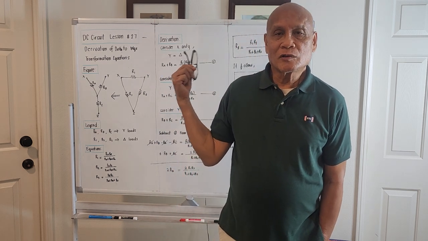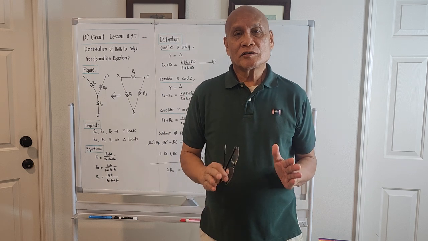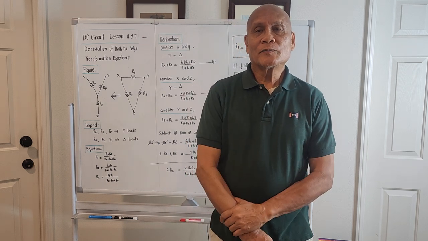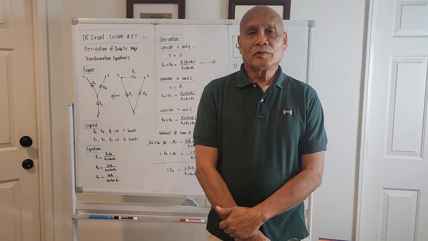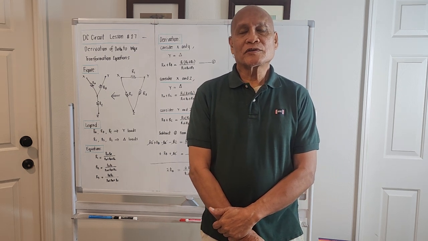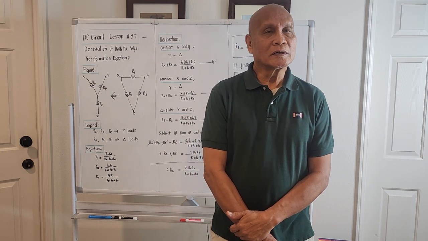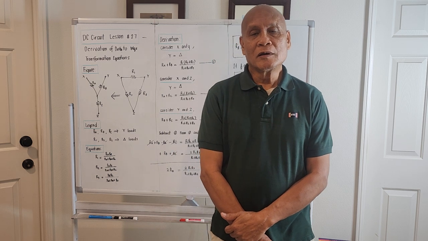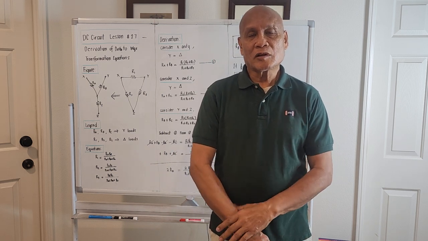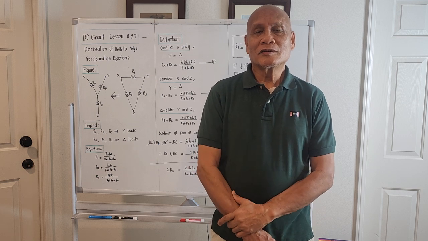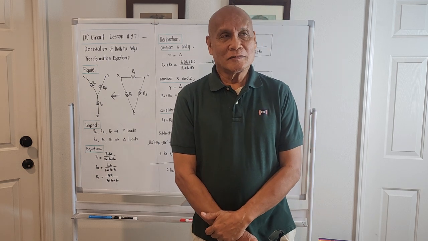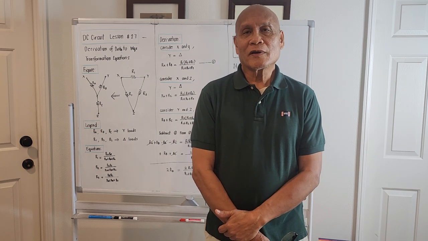Because lesson number 27 is where I found the error on the title. For tonight, I will be presenting the derivation of the formula for a delta to y transformation. That's why I noticed that I interchanged the title for 25 and 26.